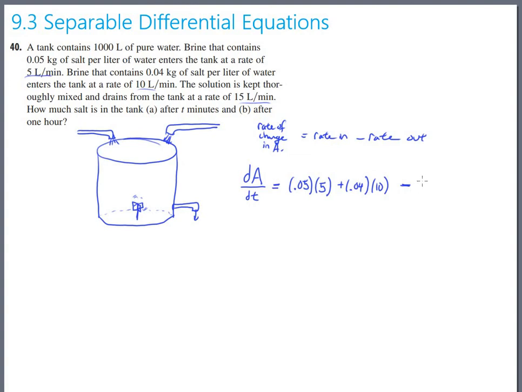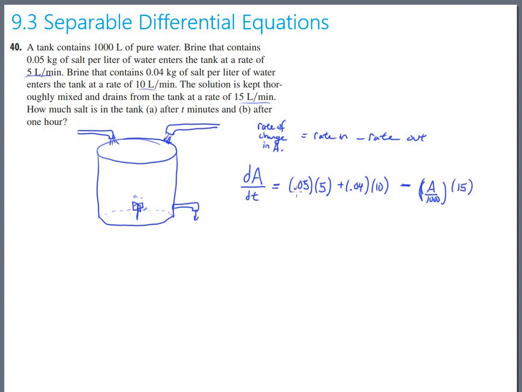Okay, the amount going out is however much is already in there total divided by 1,000, right? So that's how much per liter is currently in the tank. And they're pumping out 15 liters per minute.